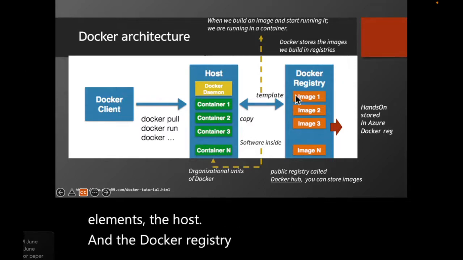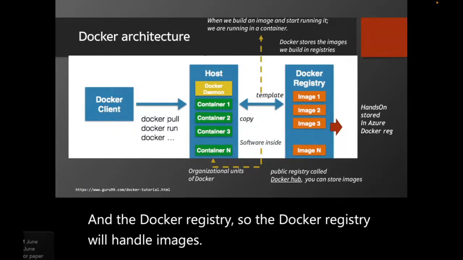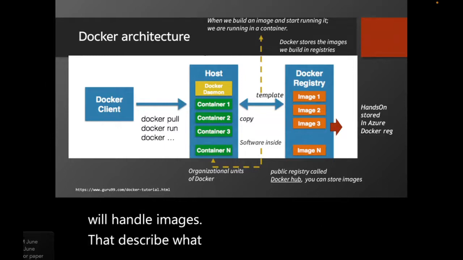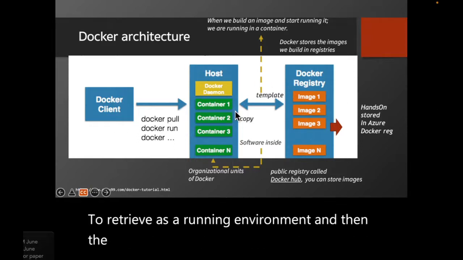The Docker registry will handle images that describe what it is possible to retrieve as a running environment. And then the host will actually run the code of the image.